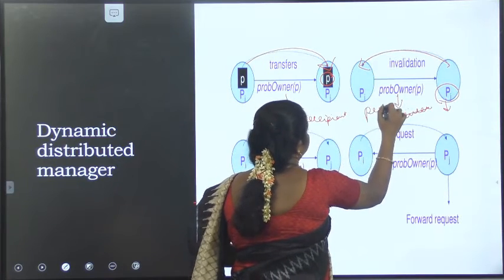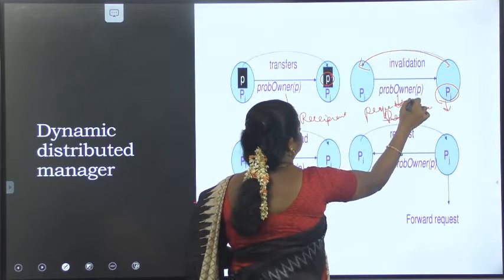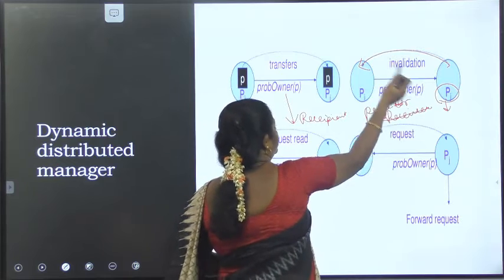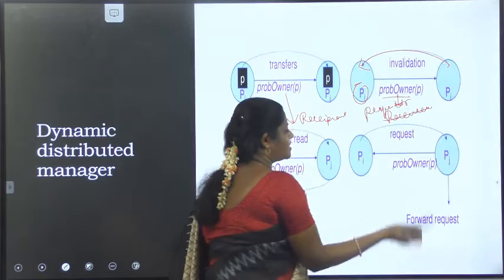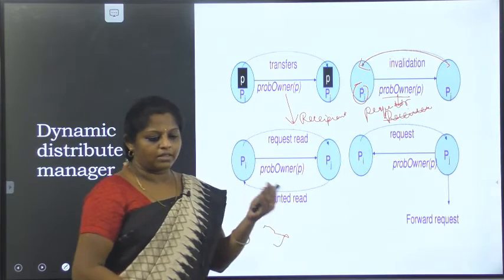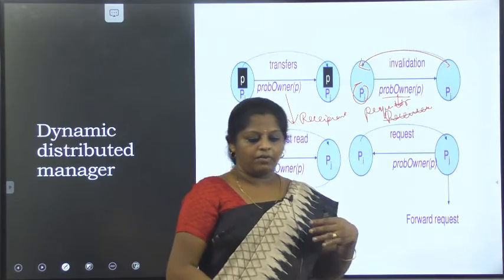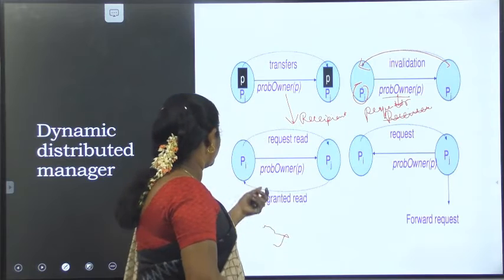This is not receiver, sorry, it is requester. Why? Because it is updating and sending. So in this process, this probable owner of P will act like a requester. Okay, and the third one is when the process has requested for the read.